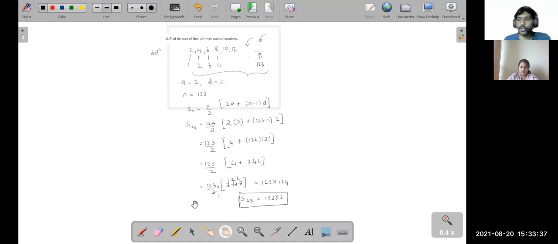Yes. I hope no confusion now. First 123 even numbers, what does it mean? It means all the 123 numbers. So if they're telling you to find something between two numbers, then you will have to use the Tn formula and find out n.